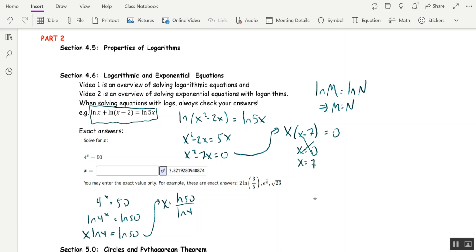Now there's another way to do this that I don't like as much, but I want to show it to you. If you have 4 to the x equals 50, you could take log base 4 of both sides. So log base 4 of 4 to the x is log base 4 of 50.